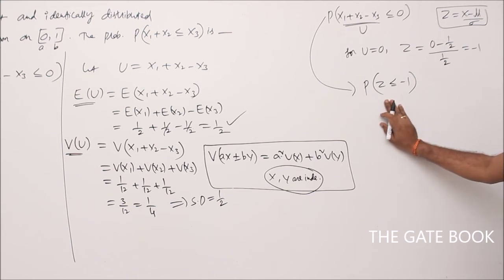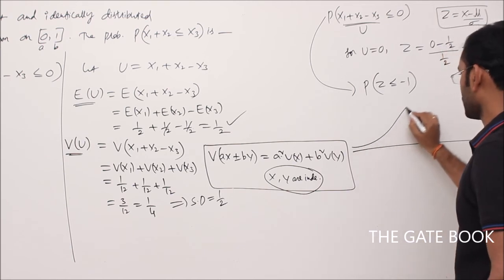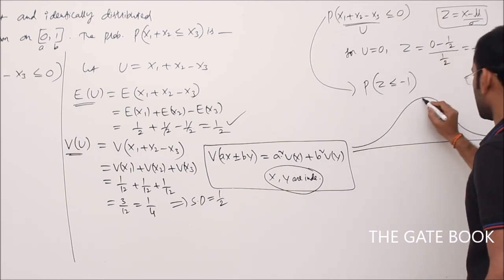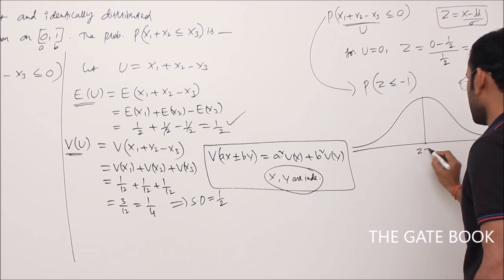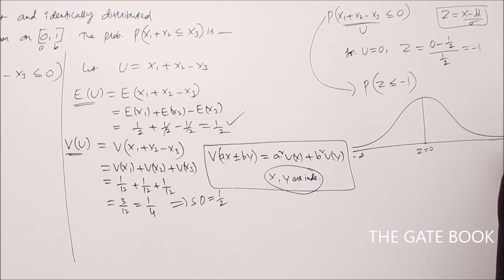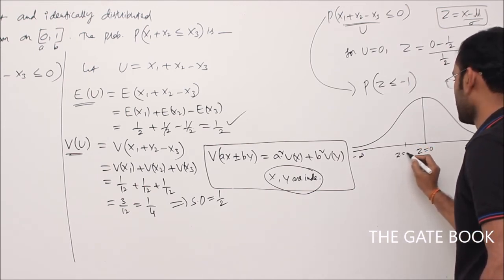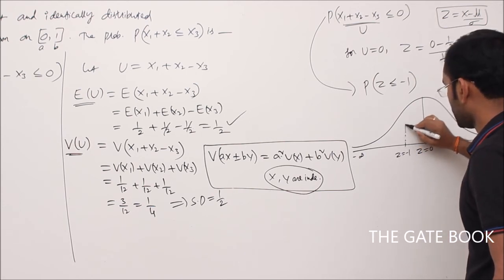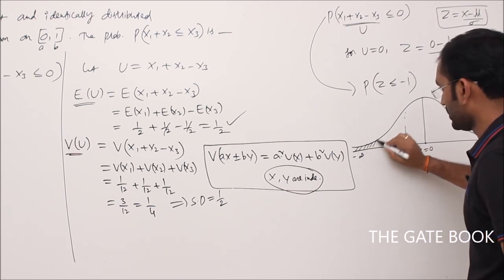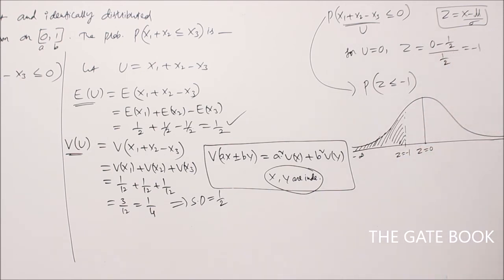What is this area, P of z less than or equal to -1? Here this is the z0 line. The normal curve is symmetrical about the z0 line. Less than or equal to -1 means we require this area to the left of -1. This area is the same as the area to the right of z equal to 1.